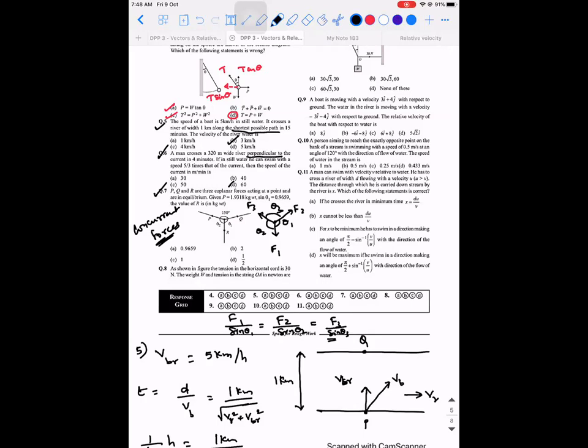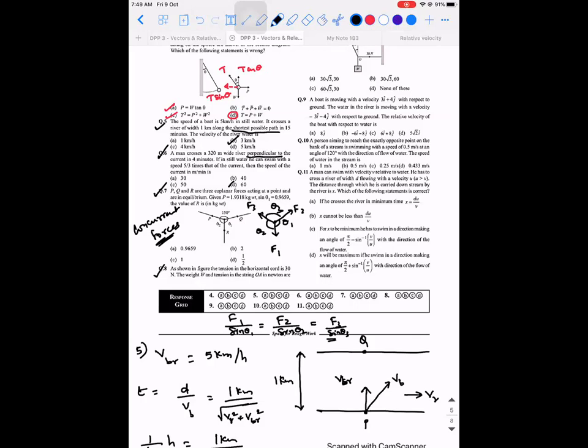Since they have given sin theta 1, I suggest you to take it as R divided by sine 150 is equal to P divided by sine theta 1. You have 4 values, out of which one is unknown. You can solve it, you will get the answer. So that is for the 7th one.